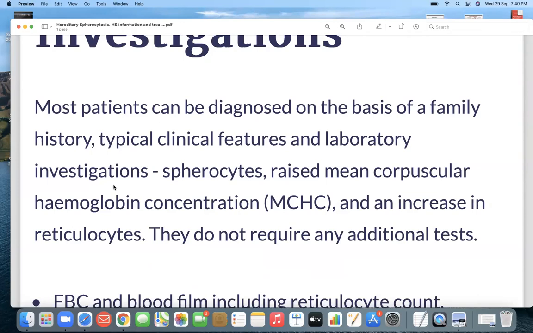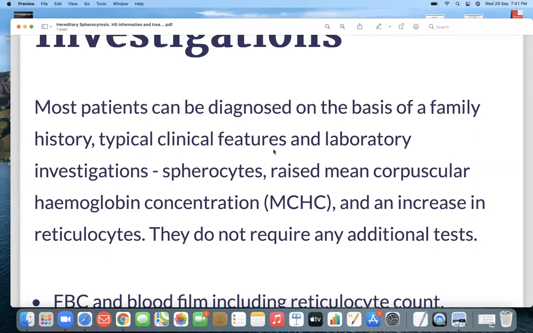And there will also be increased reticulocyte count, both if you send for retics as well as in the blood picture. If this much is there, they don't require additional tests, he is telling. What are the criteria now? Family history, second is the clinical history, then third is the CBC and blood picture.